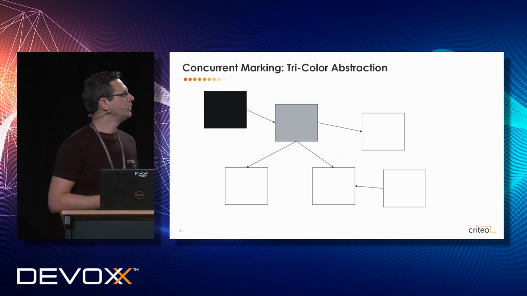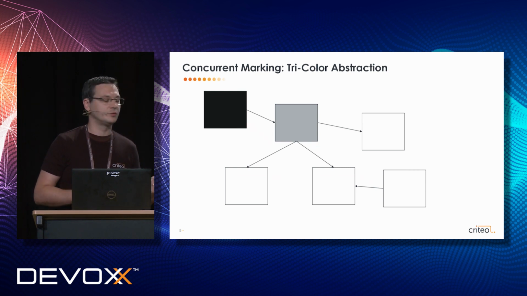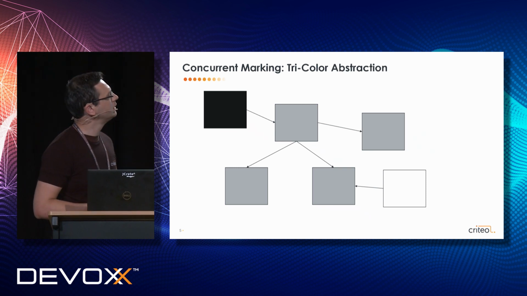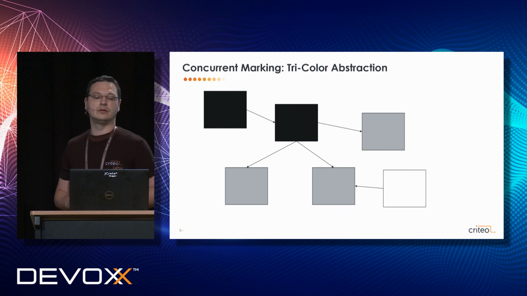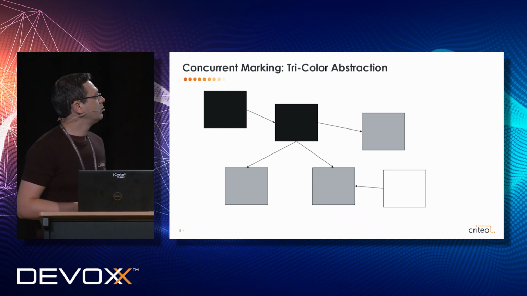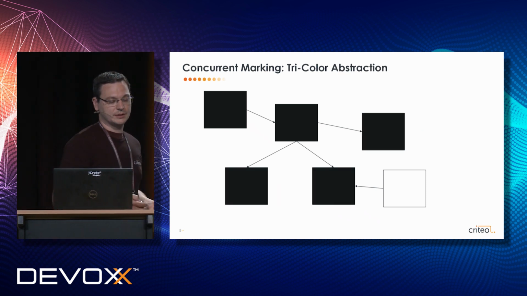Then, recursively, we continue to traverse the graph. For the second object, we go to the children and mark them gray. As all children are marked gray, we can mark the parent black. And then all the other objects have no children, so they can be marked black.